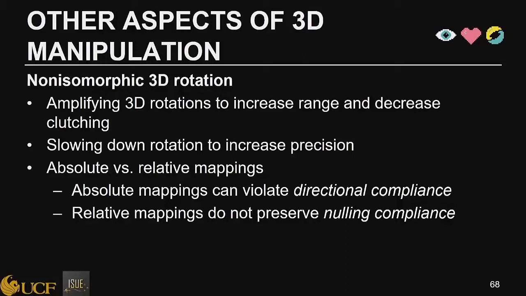Because you're starting off at initial orientation 0 and you're automatically going to the specific orientation you're in. Relative mappings basically do deltas, right? So every frame I'm going to do a delta rotation, right? And that does not preserve nulling compliance, which means that I can't automatically go back to where I started from at the initial orientation. So there's trade-offs with each of these that you need to be aware of.